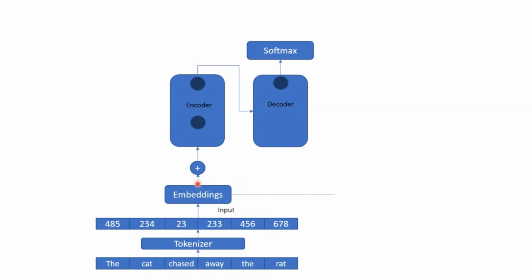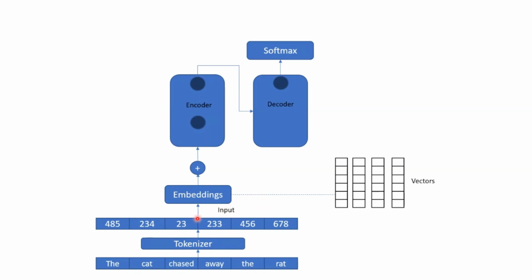And now in the next step, each token that is created is passed to the embeddings layer. The embeddings layer is a highly trainable high-dimension vector space. So what does this mean? The tokens are now mapped to vectors. A vector is a mathematical representation of tokens.